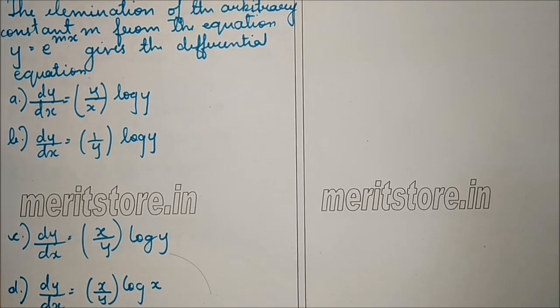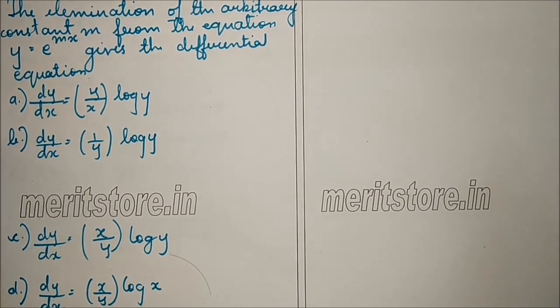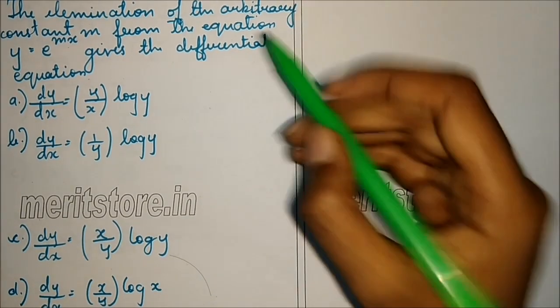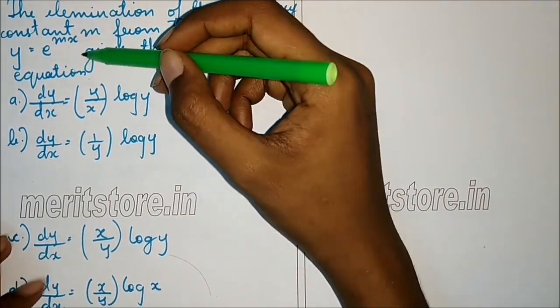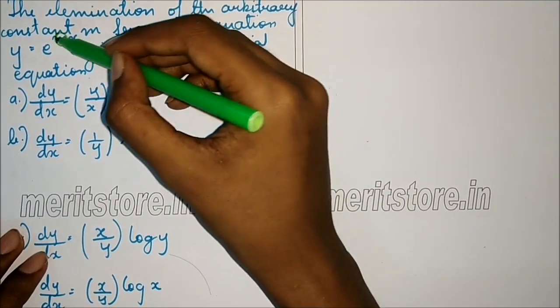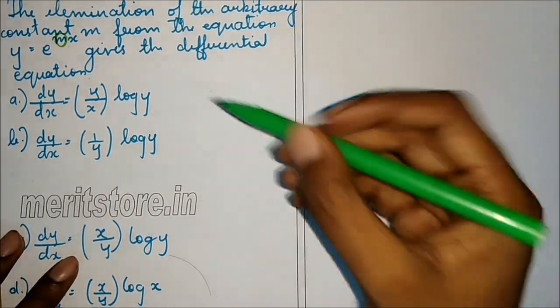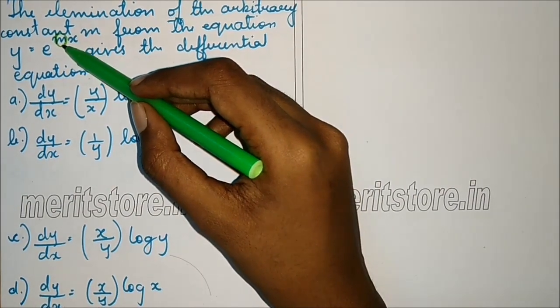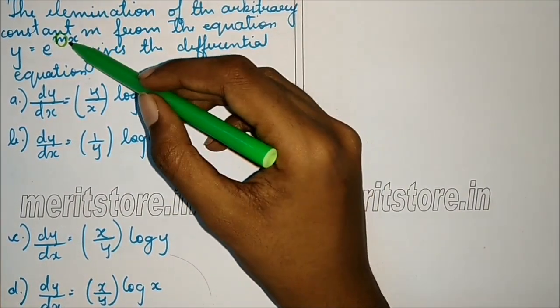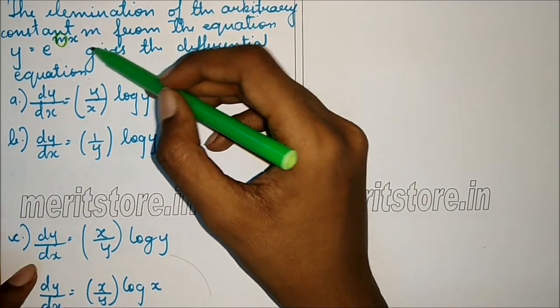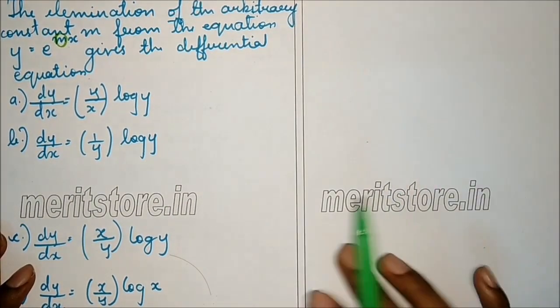The elimination of the arbitrary constant m from the equation y equals e raised to mx gives the differential equation. So we have to form a differential equation from y equals e raised to mx while removing the constant m. So what we'll do is we'll form an expression in terms of x which will be equal to m.